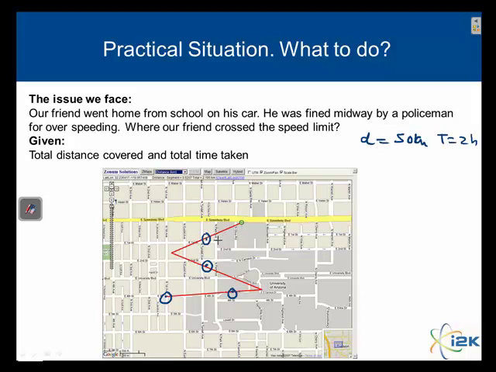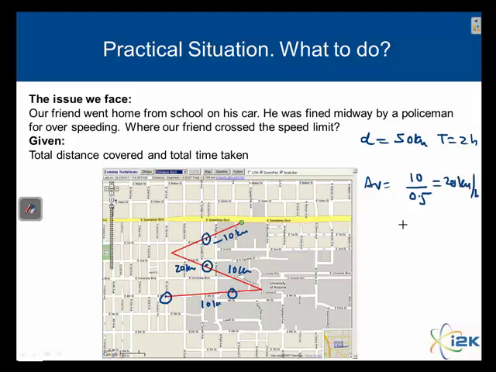Suppose in this part of the journey he completed say 10 kilometers, and then in this say 20 kilometers, and in this say 10 kilometers and the last 10 kilometers. So in the first part of the journey, the average speed is 10 kilometers upon 0.5 hours, because it is 30 minutes, which is 20 km per hour.